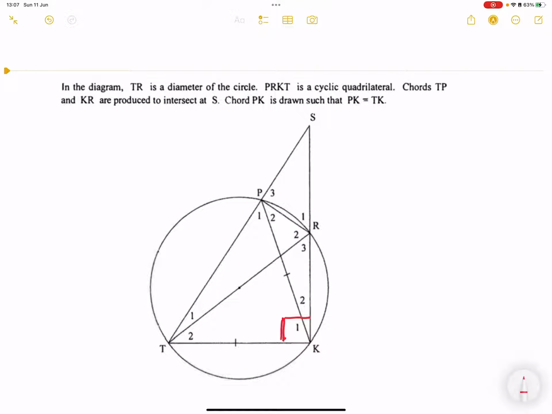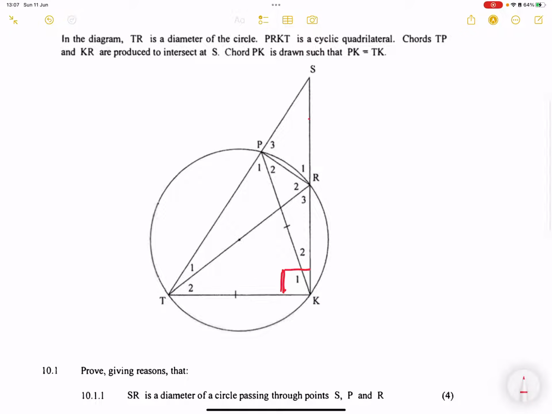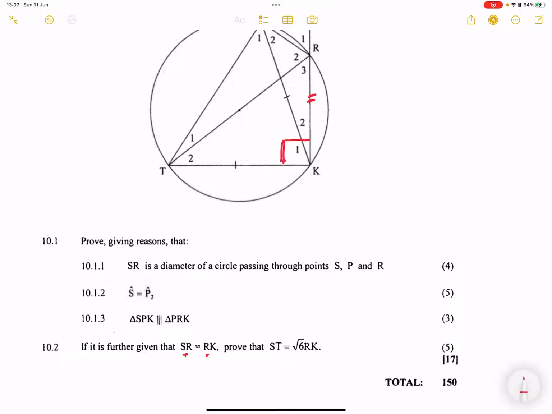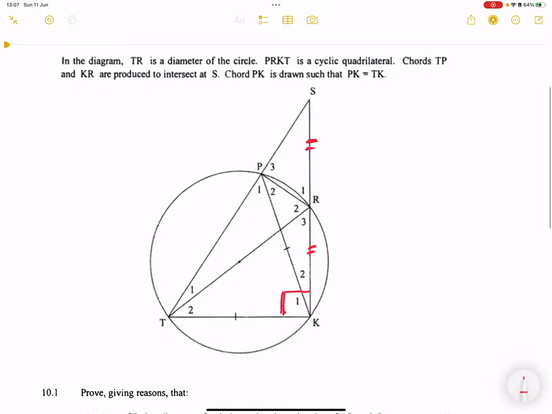And the question was, if it is further given that SR is equal to RK, so those two are equal there, they wanted us to prove that ST is equal to root 6 RK. So we're relating that side ST to RK.